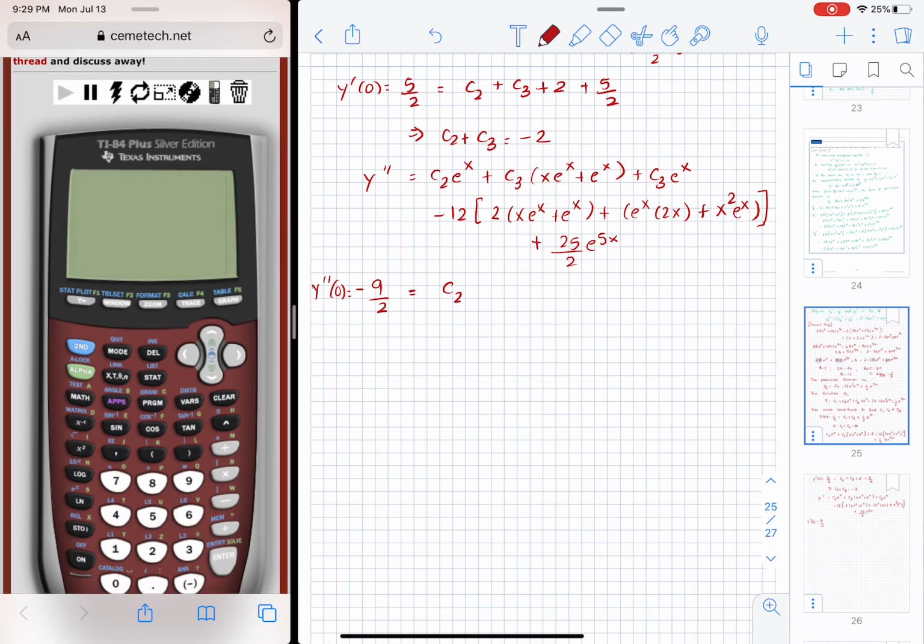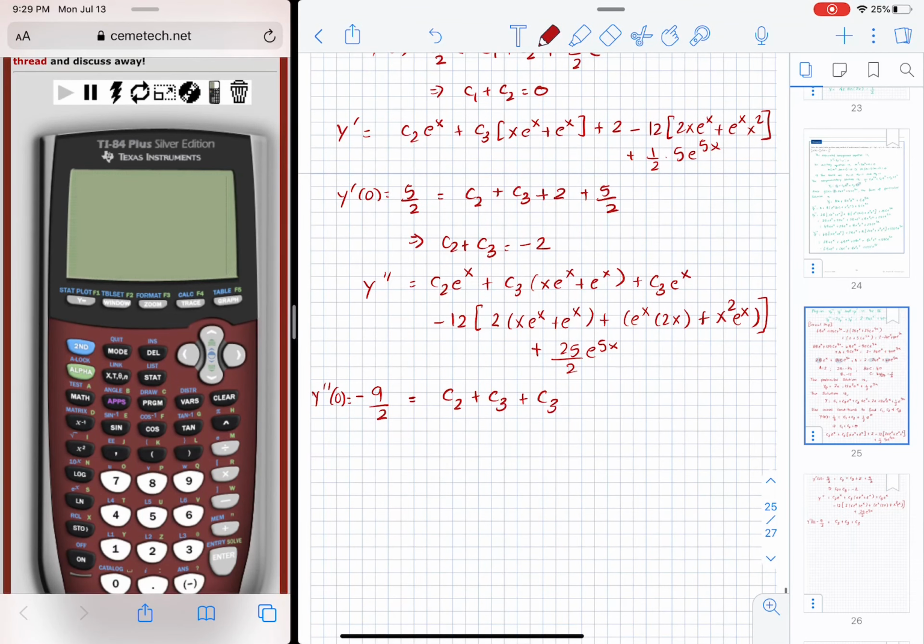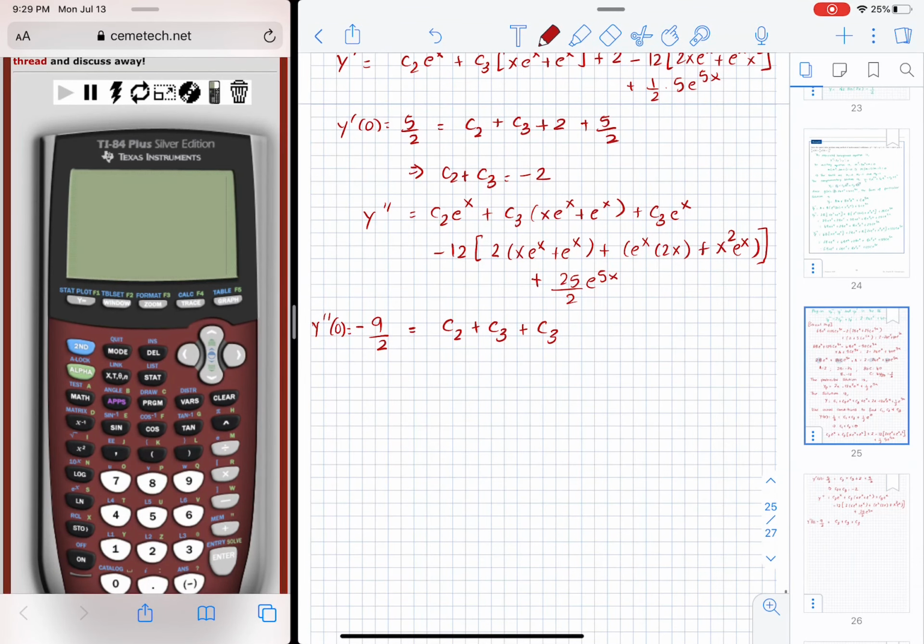So we have c2 plus c3 plus c3. First term goes away and I have a negative 24. So I'm right here. That term will go away, that term would go away, and I'll have 25 over 2.